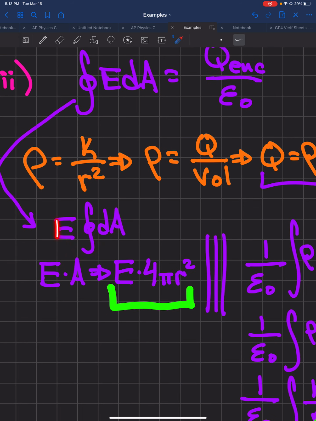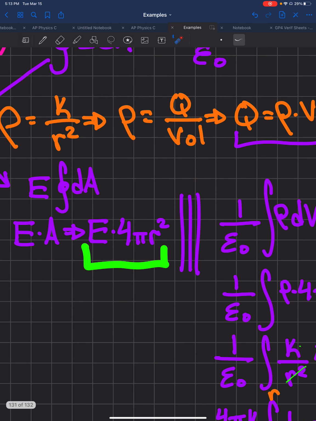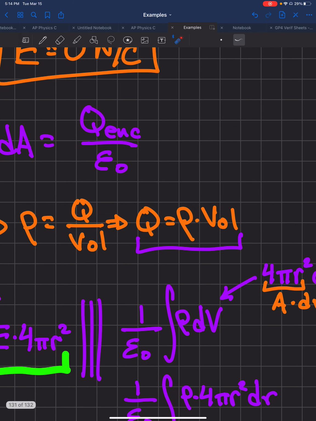All we're left with is E, constant, times the integral of dA. Well, the integral of dA is just A. So on the left side, you're left with E times the area, E times 4 pi r squared, the surface area of a sphere. All right, that's the left side of Gauss's law done.